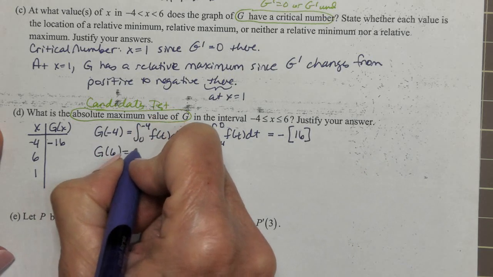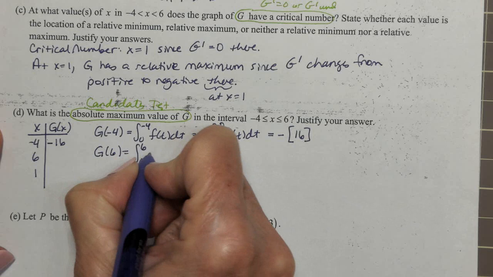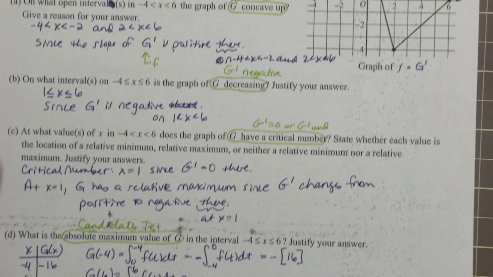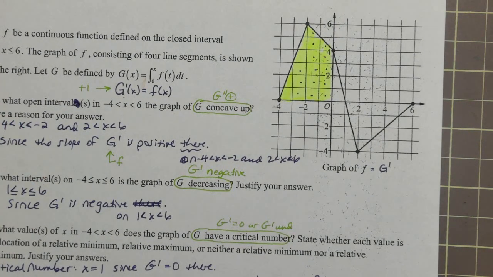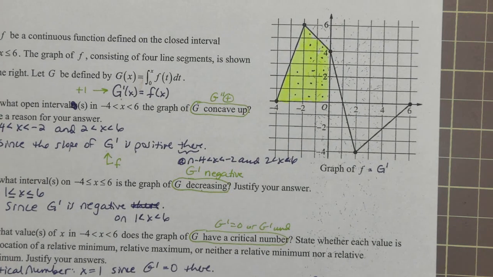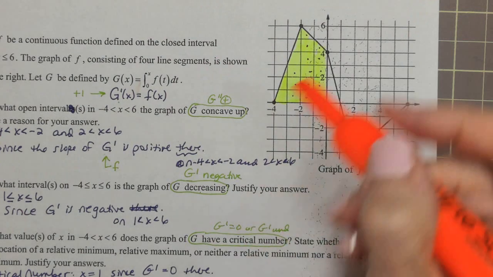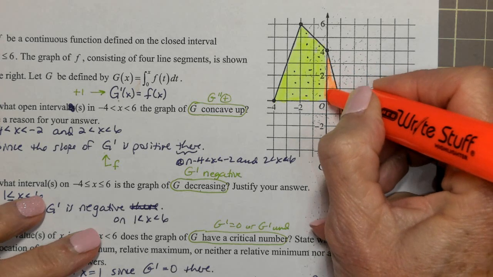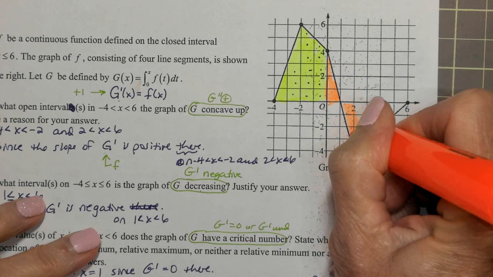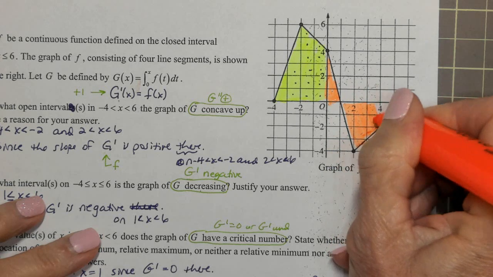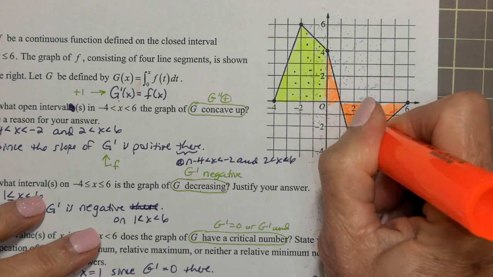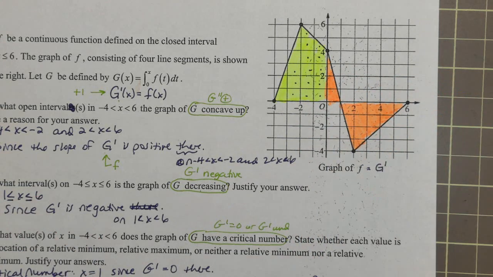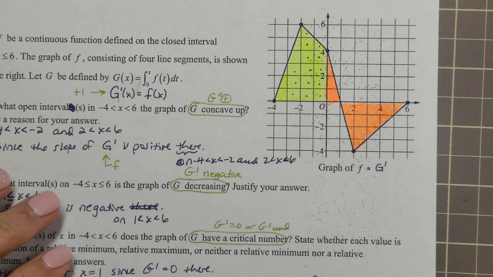G of 6, putting 6 in place of x. Now I need the area from 0 to 6. And from 0 to 6, I have this area. Zero to 6. Okay, kind of messed up. I kind of colored outside the lines, but oh well. You get the idea. All right.